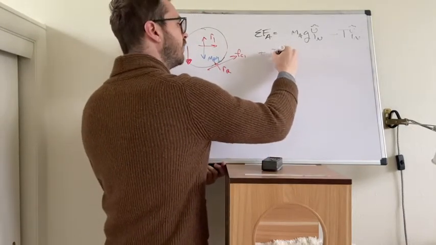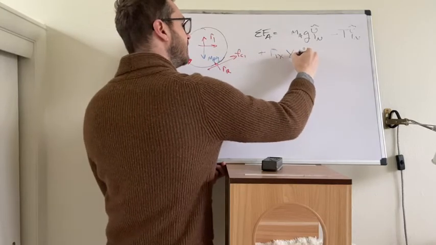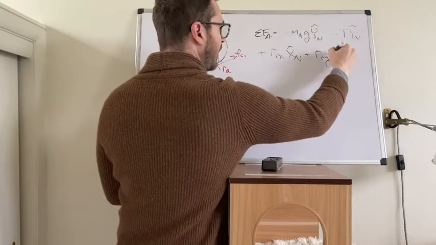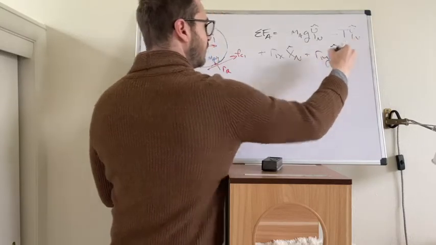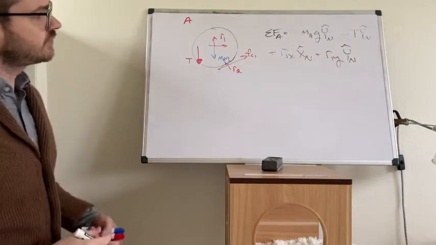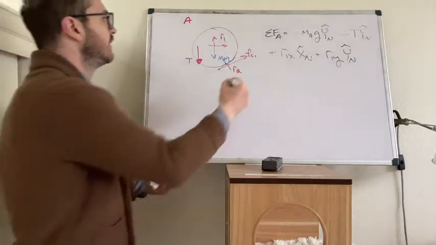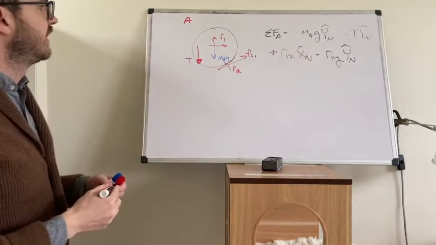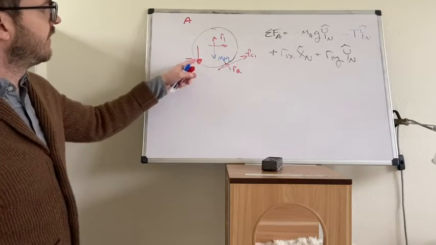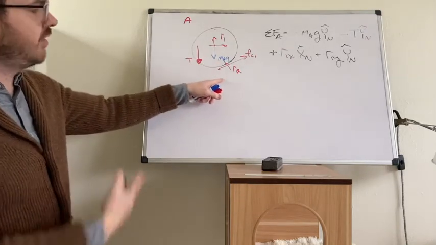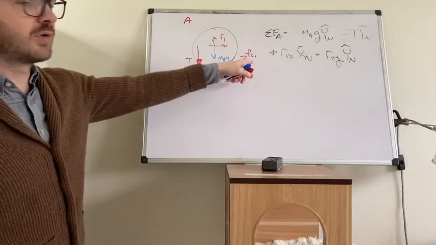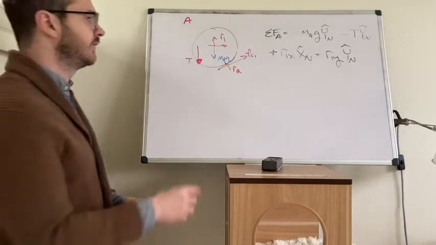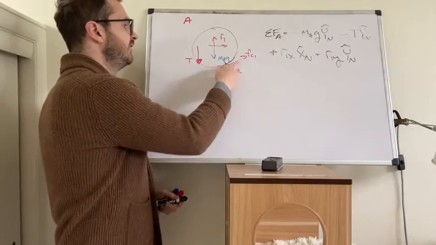Plus R1x, x hat N, plus R1y, y hat N. Okay. What is next? So that takes gravity, tension, R1. Okay, so all that's left then is this normal force and this Coulomb force. So what's the proper way to handle these two terms?